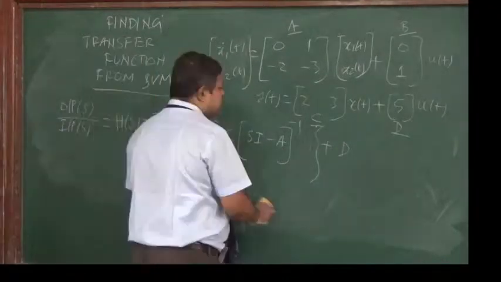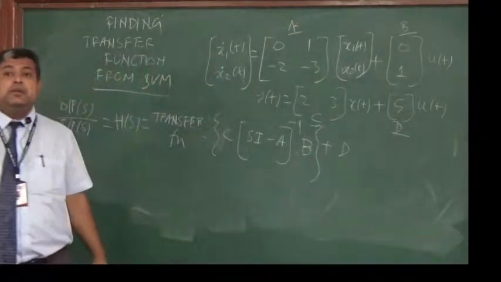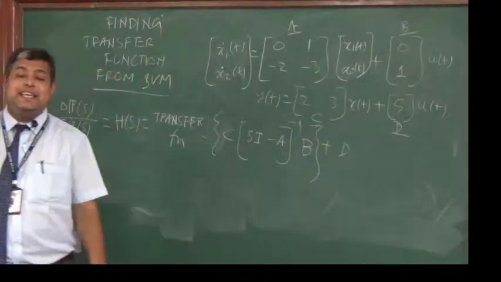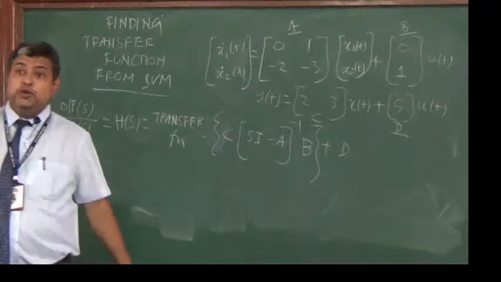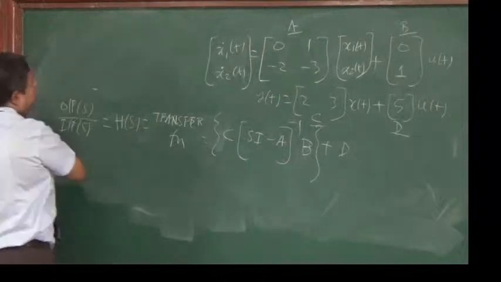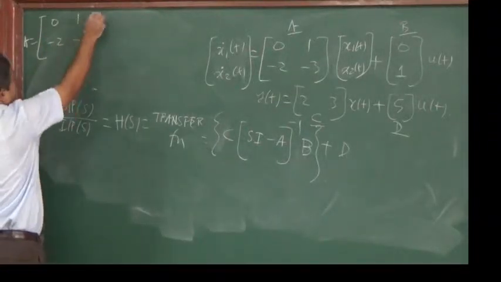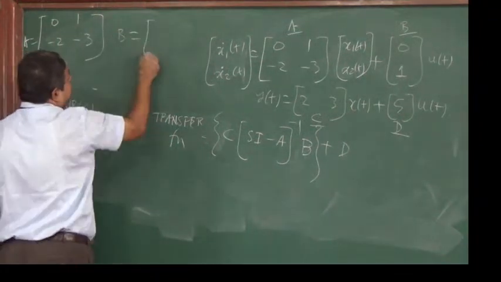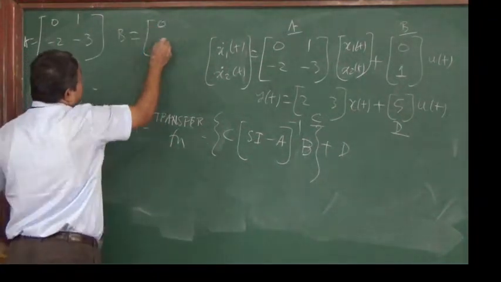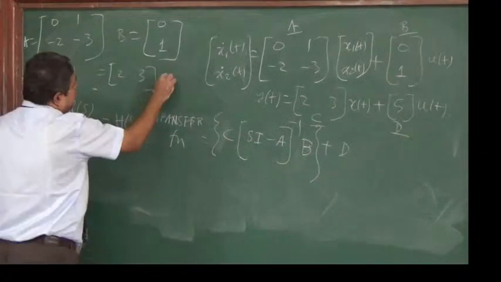Now what is our A matrix, B matrix, C matrix? We will write here. A matrix is [0 1; -2 -3], B matrix is [0; 1], C matrix is [2 3], and D matrix is 5.